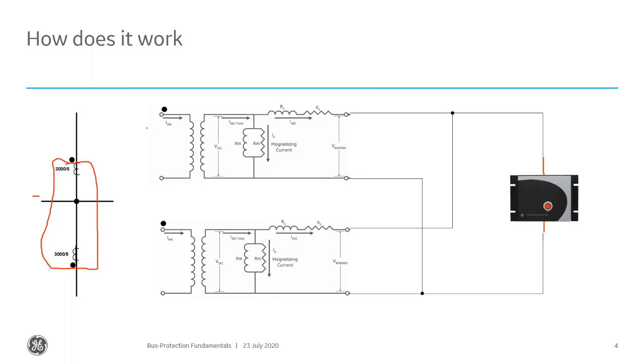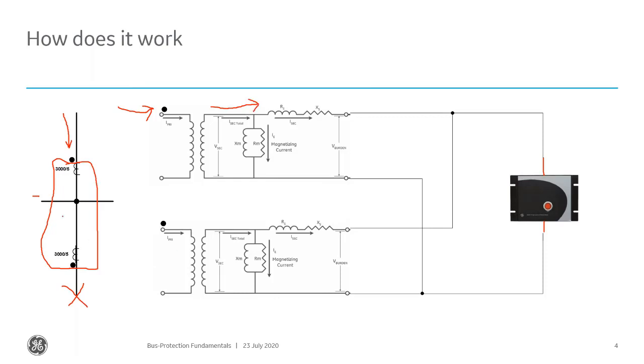So the first scenario that we should talk about is keeping the thing from operating when it's not supposed to. So in that case, if I have a fault out here, that is outside of this differential zone of protection, I should have current flowing here, right? So that's flowing in here, right? And that means it's flowing out here.